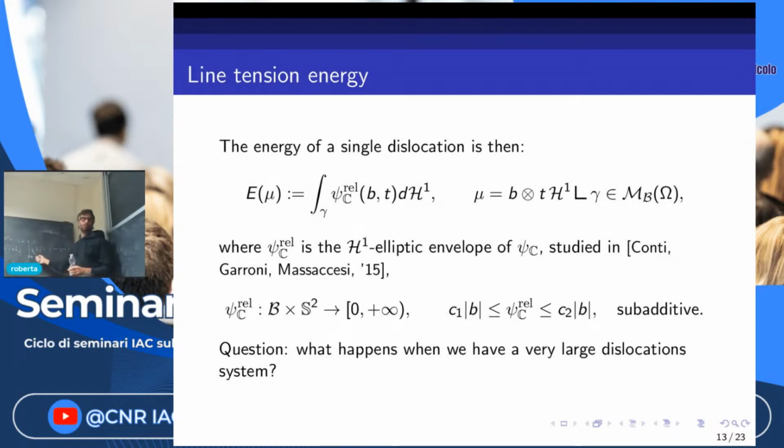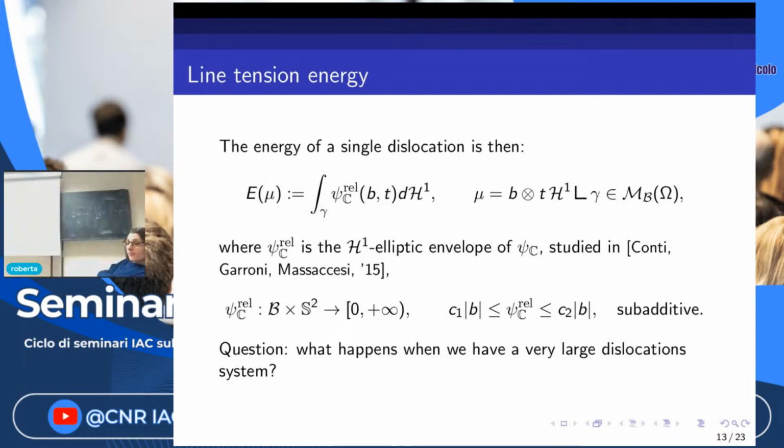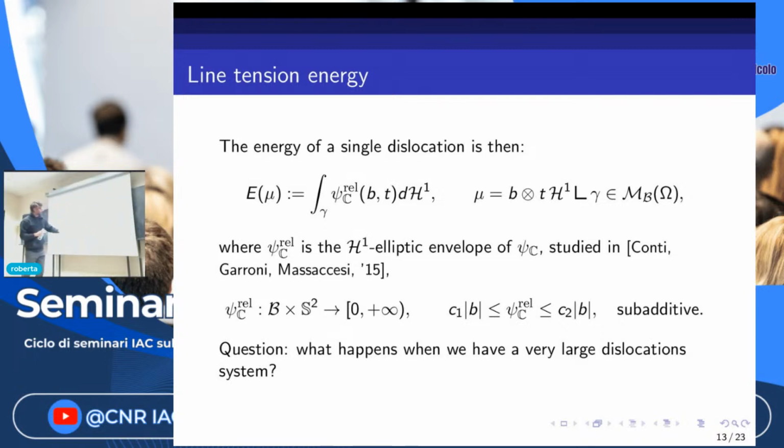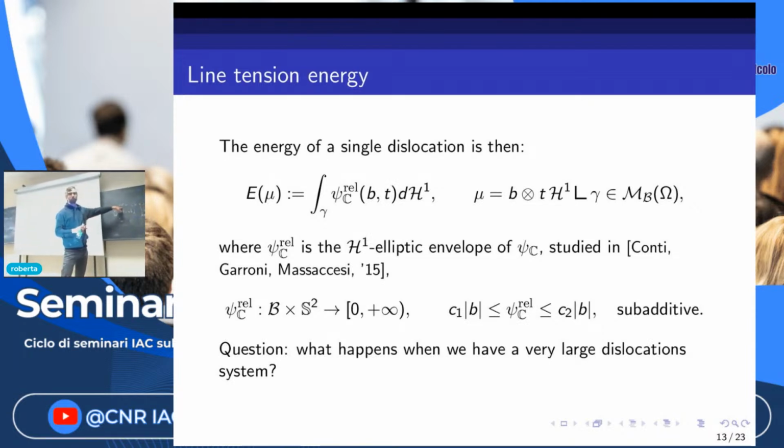I don't know how to actually compute this thing. It might be interesting for sure, but it is complicated. In Conte, Garroni, Massaccesi, they try to do some computation with the easiest option, the isotropic case.